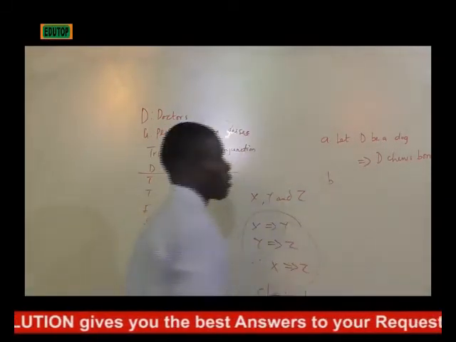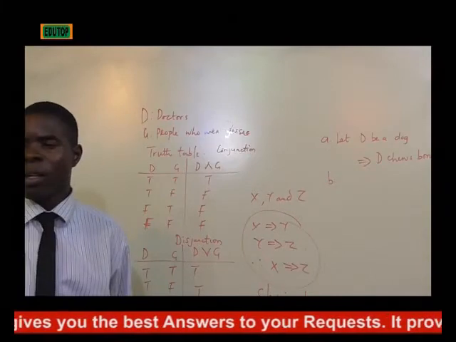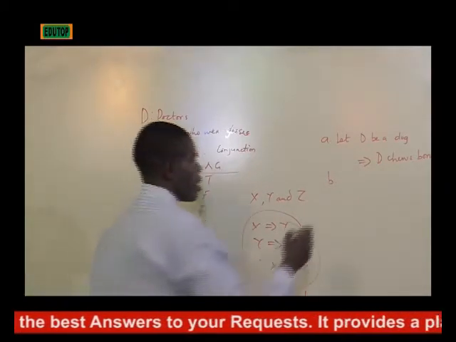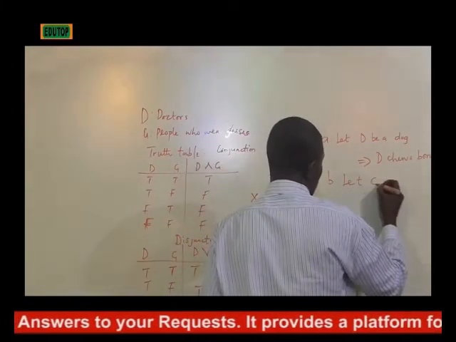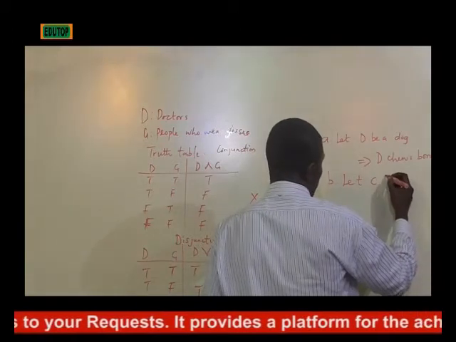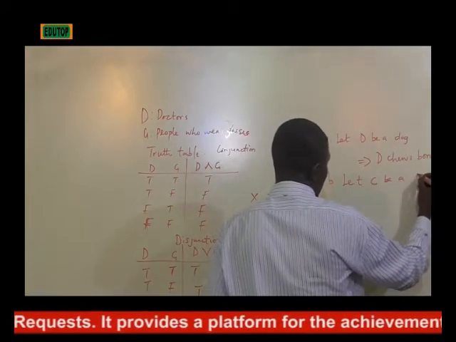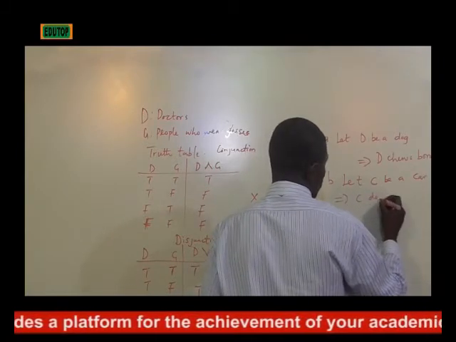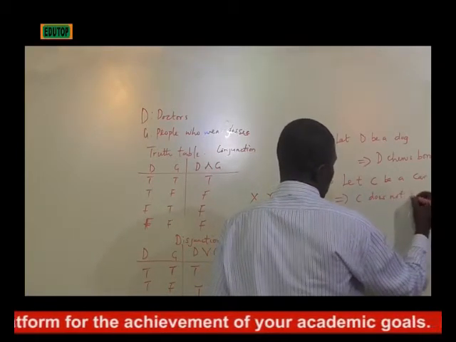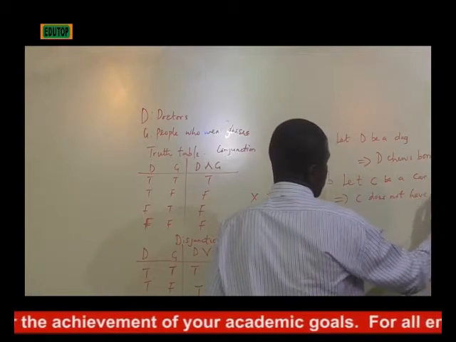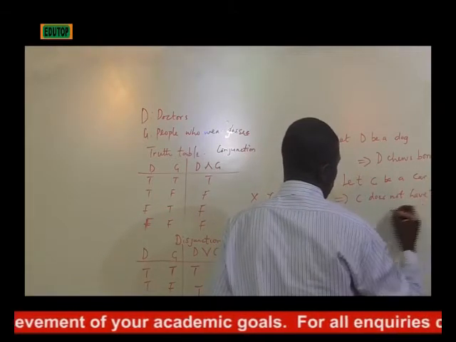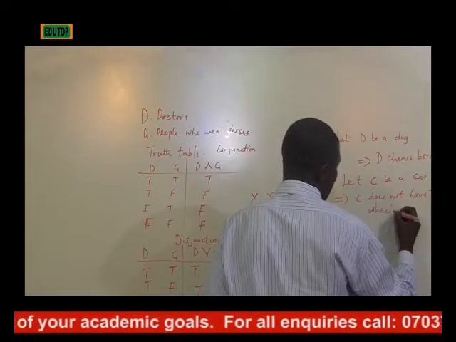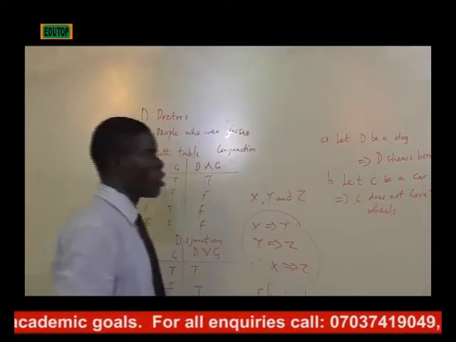B: no car has 2 wheels. Let C be a car, which implies that C does not have 2 wheels. That will definitely be the implication sentence.